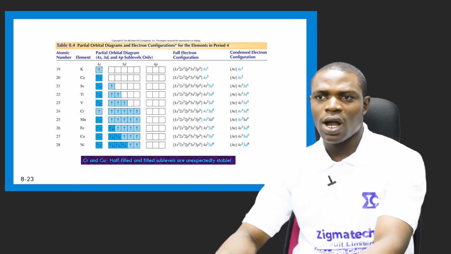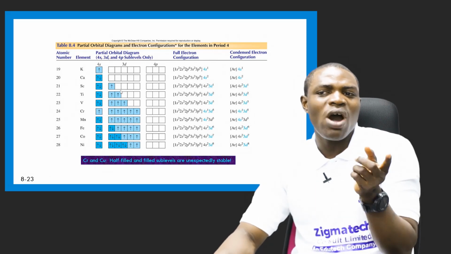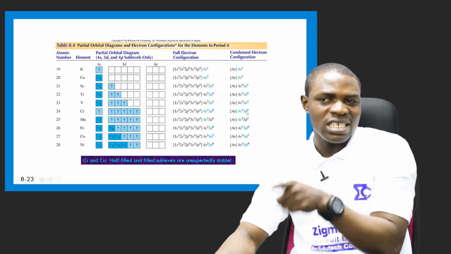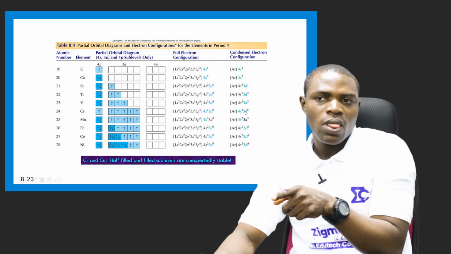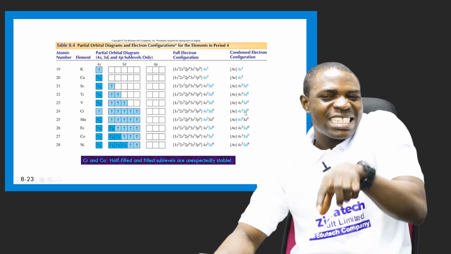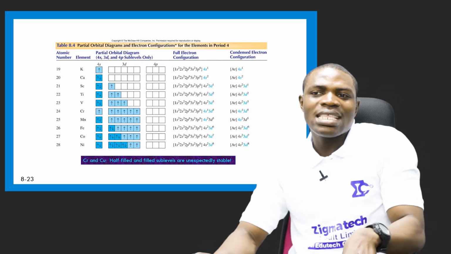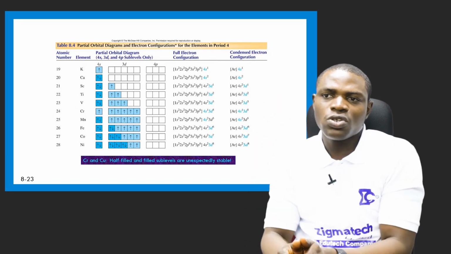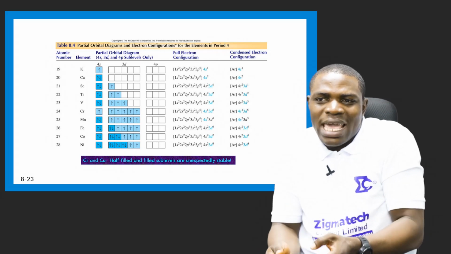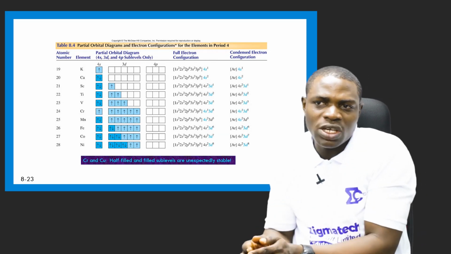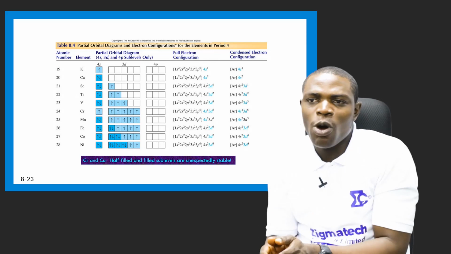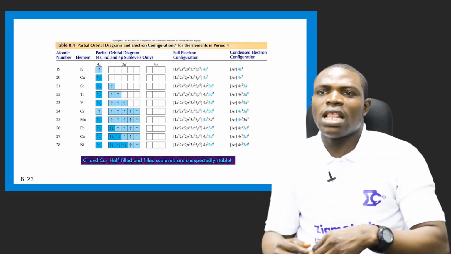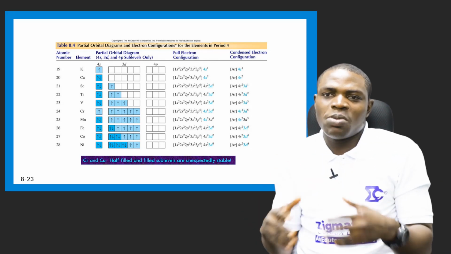For chromium, instead of having 4s2, 3d4, it will not be stable because it can either be completely filled or half filled. So you fill the 4s halfway and you fill the 3d orbital halfway. Like they say, half bread is better than none.